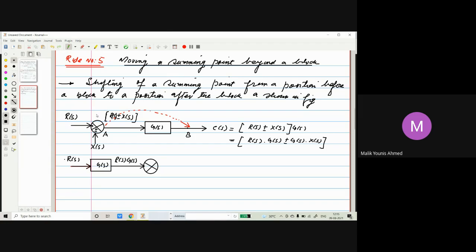So this is a plus sign. As usual, it was plus minus. Okay, fine. Output from the summing point, you can see here, we have shifted it here, but this output is not going to change. This output is going to remain the same.